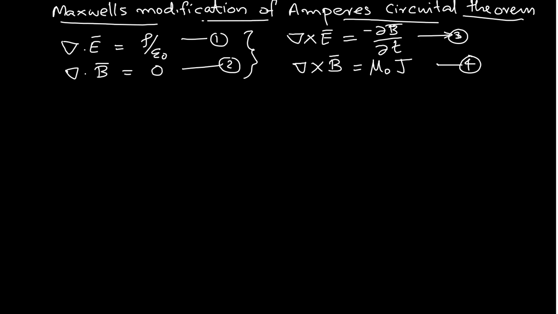From the third equation, he concluded that the time varying magnetic field creates an electric field. Since the time varying magnetic field creates an electric field, it should be expected that a time varying electric field creates a magnetic field.